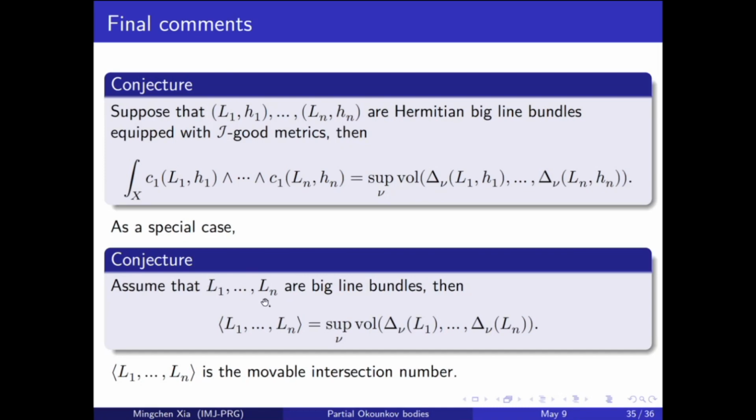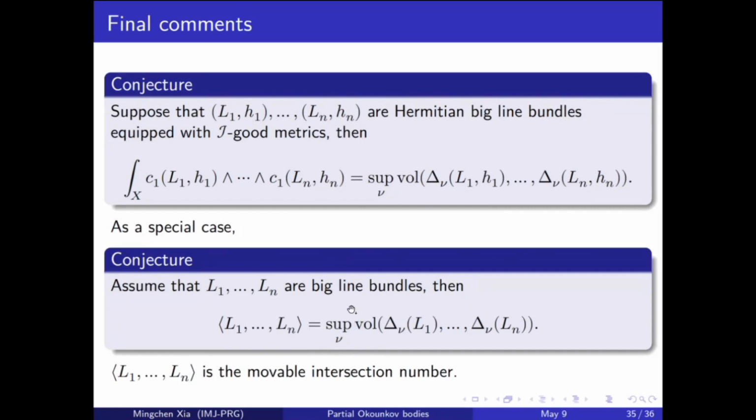Assume that L1 to Ln are big line bundles on our variety X. Then the conjecture is that the movable intersection number from L1 to Ln is given by the supremum of the mixed volumes of the corresponding Okounkov bodies, where the supremum runs over all possible flags or all possible valuations.